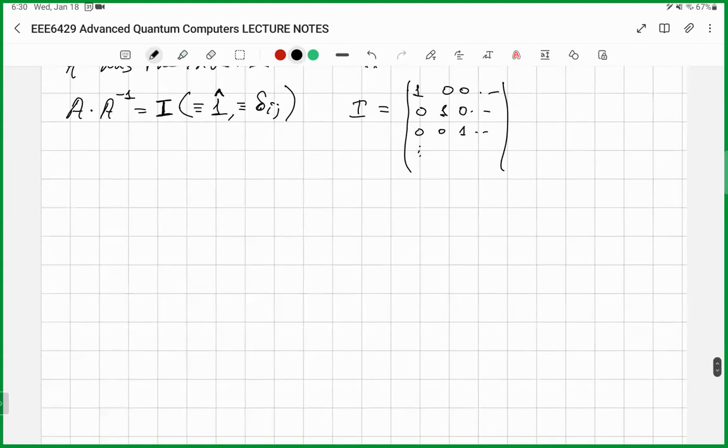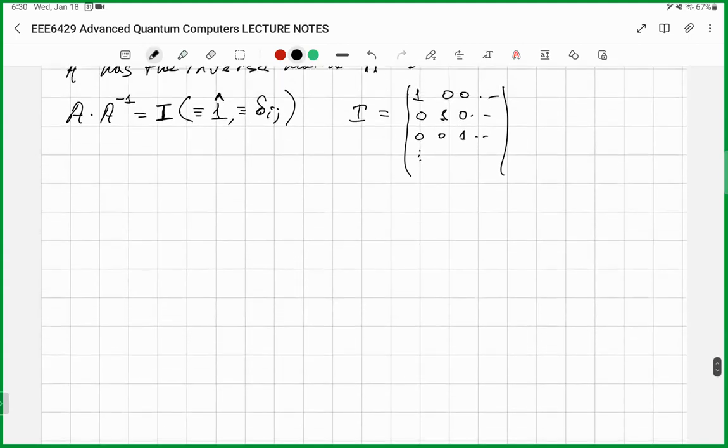And this is very easy to understand for a vector. A vector is also a matrix, but just one column or one row. So let's say I have vector C, and then I write vector C times vector C minus 1.